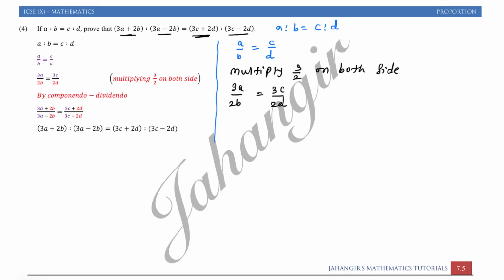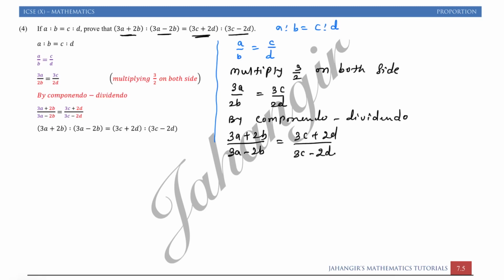Since we want addition and subtraction of terms, that is numerator plus denominator and numerator minus denominator, we will write by componendo dividendo. We can write 3a plus 2b upon 3a minus 2b is equal to 3c plus 2d upon 3c minus 2d.